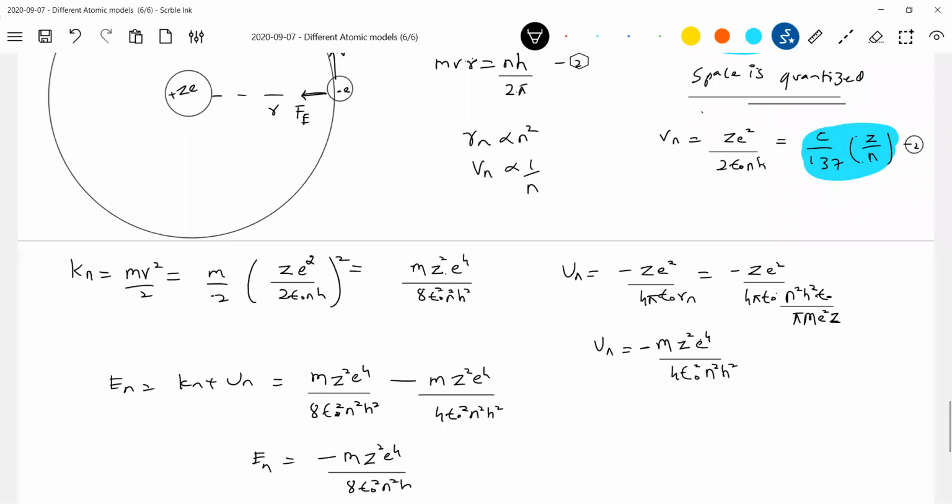Is there any relationship between the energies, similar to gravitation, can you recollect? So mod of U is equal to, shall I say, K is equal to mod of U by 2, and total energy is minus mod of U by 2.